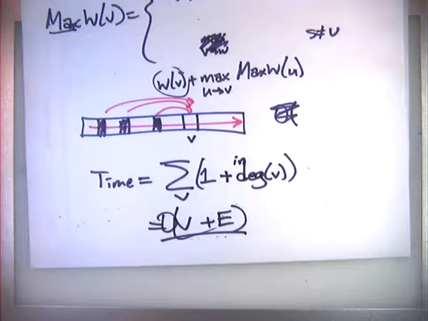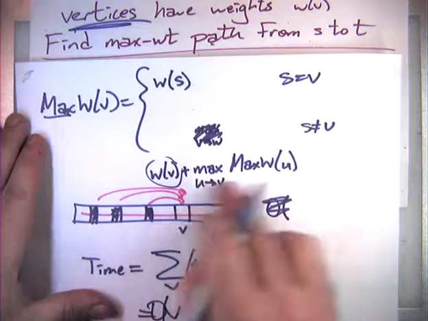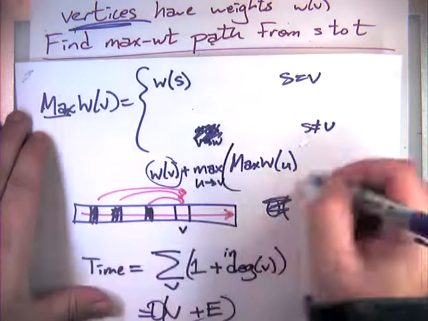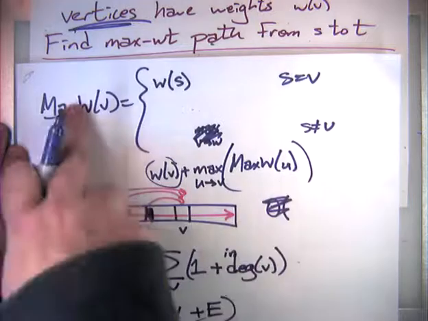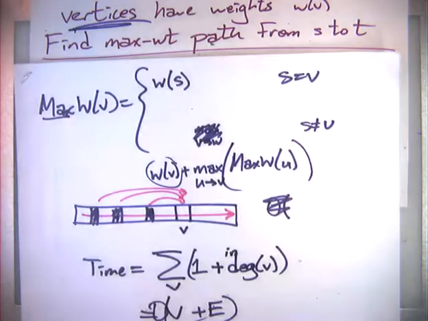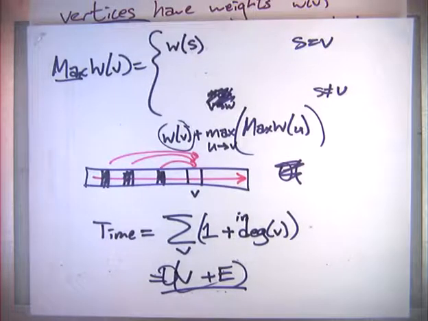Yes? What does that notation mean? This is the maximum over all choices of incoming edges of the recursive call, max W of U. Yeah? Just out of curiosity, why did we choose to build this? Because I wanted to end up with an arrow that pointed to the right.